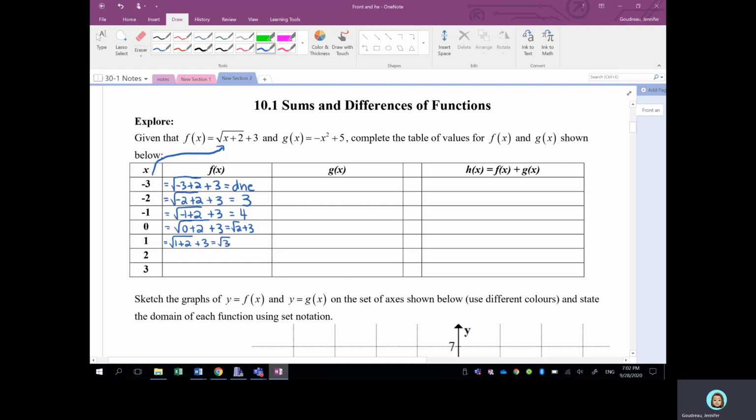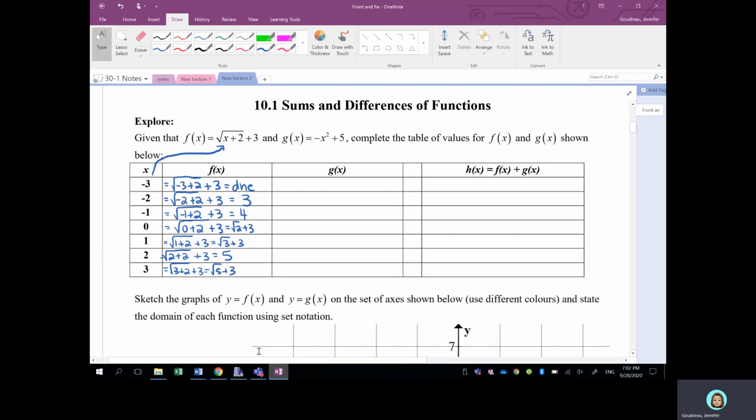So for now, I'm just going to write it as root 3 plus 3. And then for 2, we are plugging in 2 plus 2, which gives us 4. The square root of 4 is 2. Plus 3 is 5. And finally, plugging in 3, we get 3 plus 2 is 5. The square root of 5 is irrational. So as an exact value, root 5 plus 3.